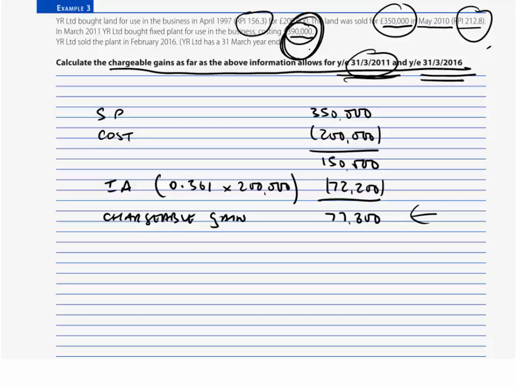What would that be? The sale of that asset, the fixed plant, the cessation of the trading use of that asset, or maximum 10 years from the acquisition date there.